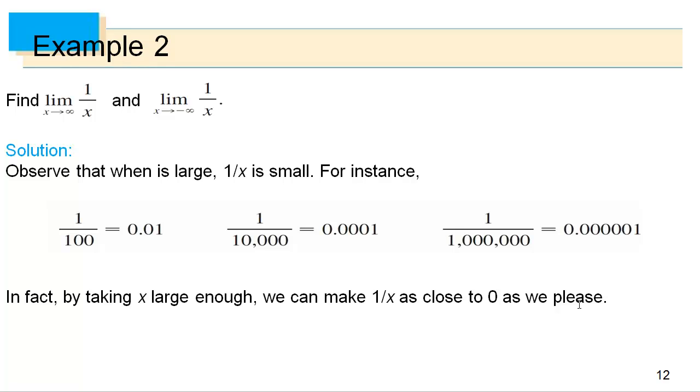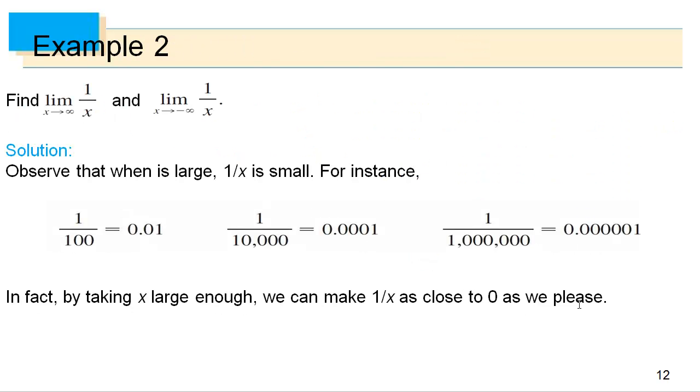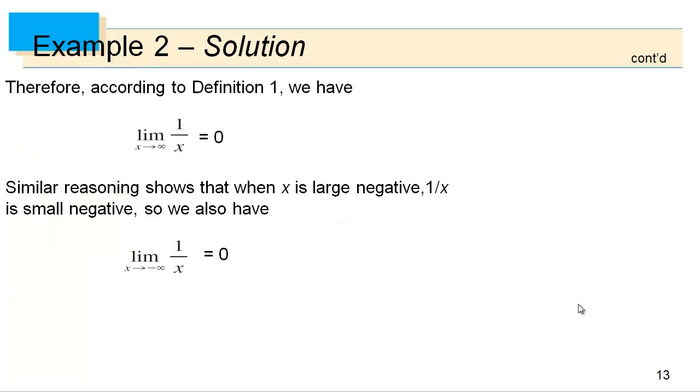And in fact, if we used these rules, the degree of the top would be 0, right, because it has 1 times x to the 0, and the degree of the bottom would be 1, so the degree of the bottom is bigger than the degree of the top, and it should have a horizontal asymptote at y equals 0, which is exactly what we're going to see here. It's getting closer and closer to 0, so we say the limit equals 0, i.e., it levels off at y equals 0. So these rules are interchangeable.